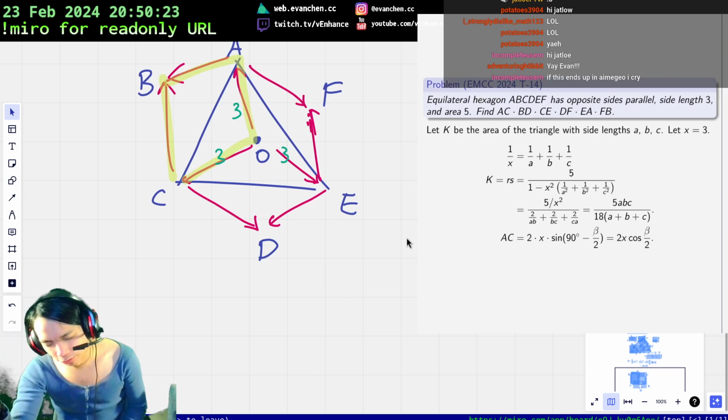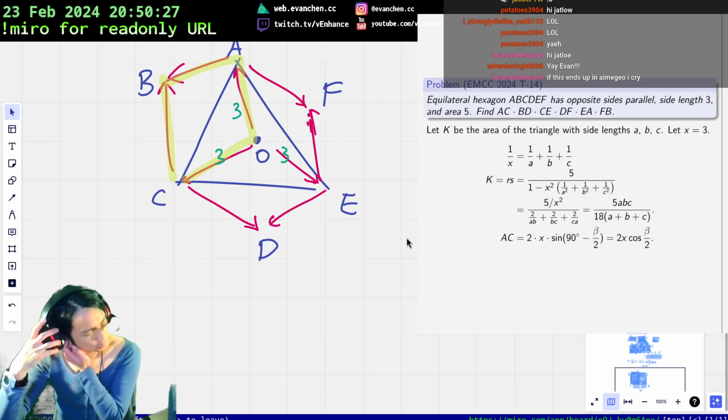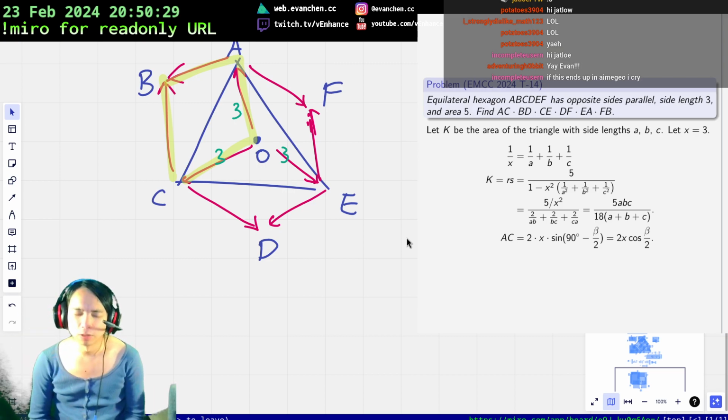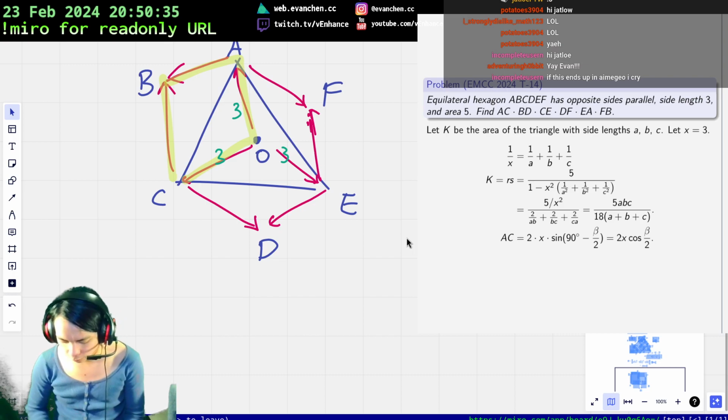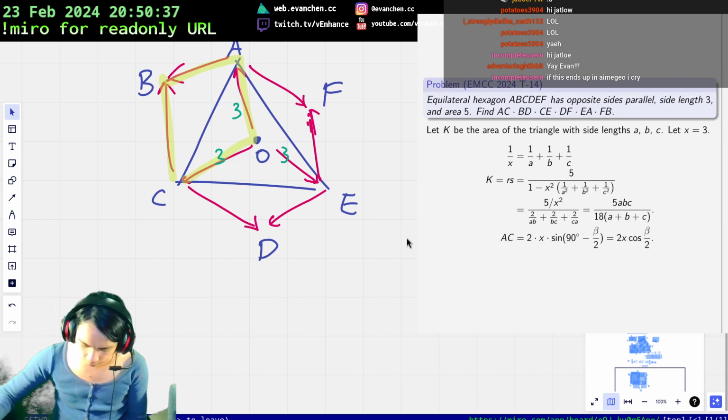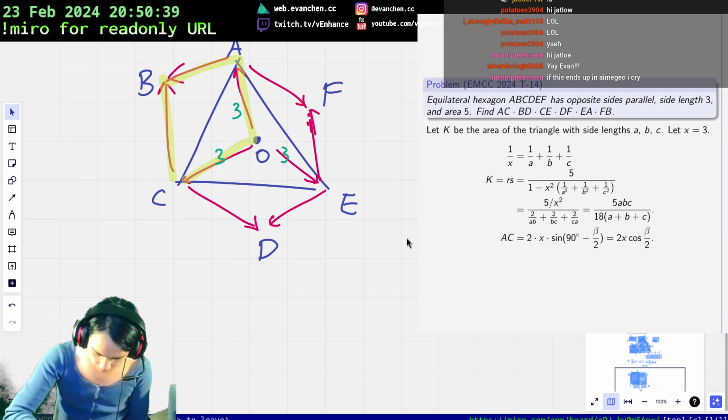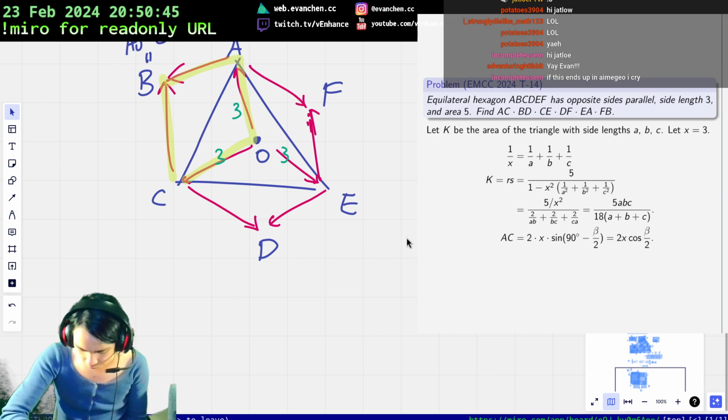Anyways, for the people who are catching up, basically the premise is that you can characterize all hexagons that are equilateral with opposite sides parallel as you take the circumcenter of a triangle and reflect it over the three sides. Those are the other vertices. So this B is AO plus CO, for example, and so on.